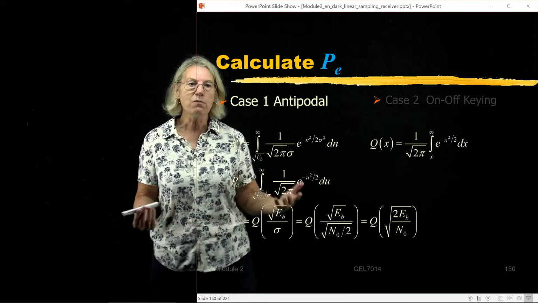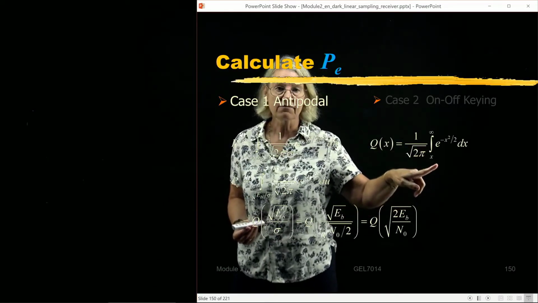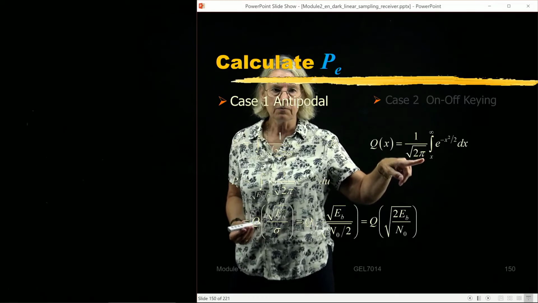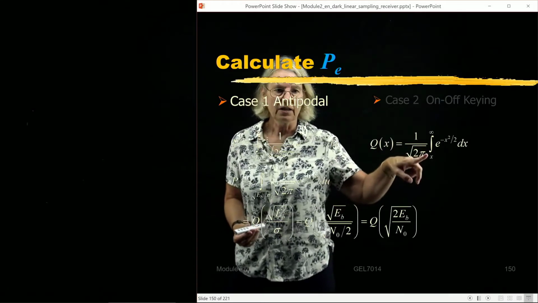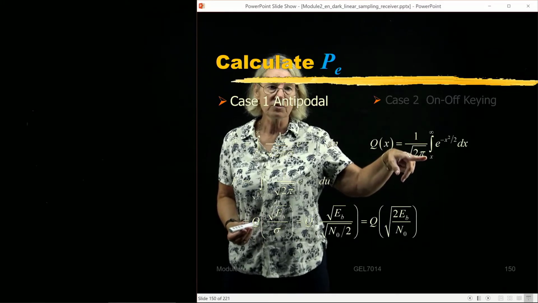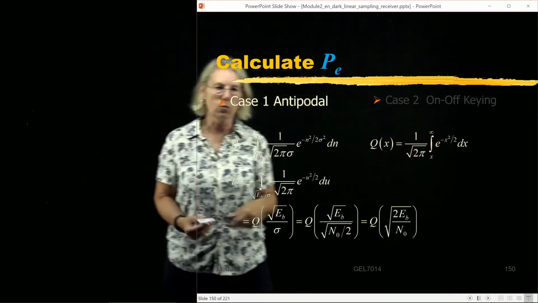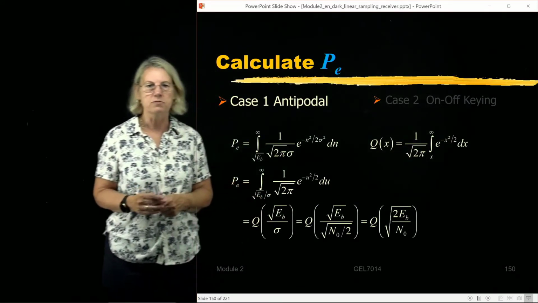It's just a name we give for an integral that we see all the time of the density function. So it's the probability that a unit normal zero mean random variable is greater than x. And so here, the variance is equal to 1 in this definition of the Q function.